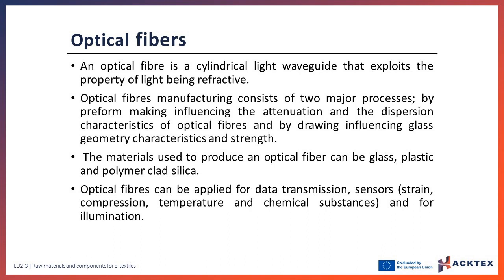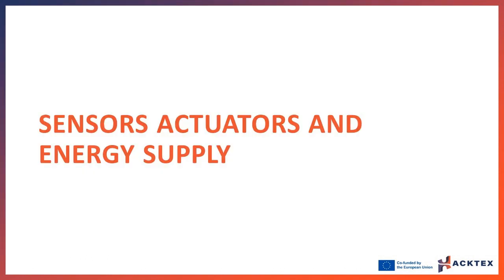In the area of smart textiles, optical fibers can be applied for data transmission, sensors, strain, compression, temperature and chemical substances, and for illumination. Sensors can be created by adding a periodic variation in the refractive index of the fiber core. Sensors, actuators and energy supply.